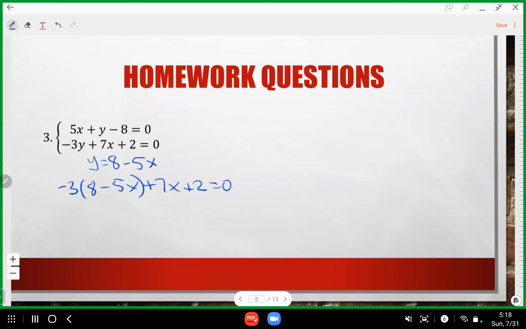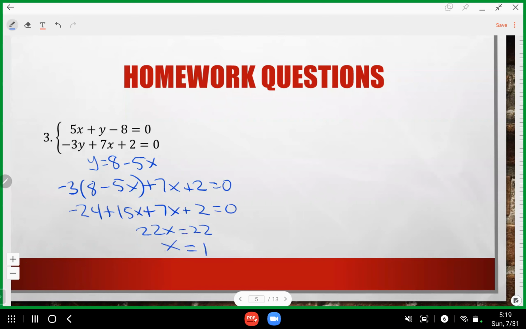Then I got negative 24 plus 15x plus 7x equals negative 2. And then it is 22x equals 22. So x is equal to 1.